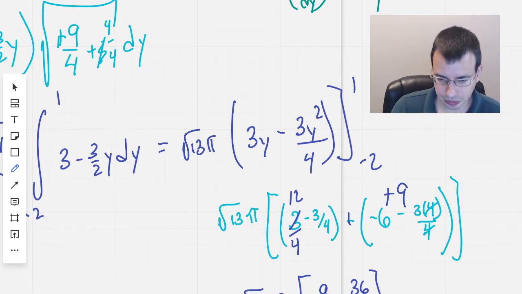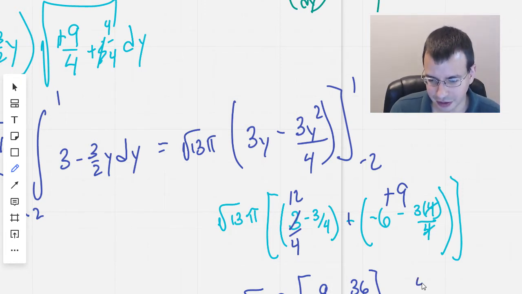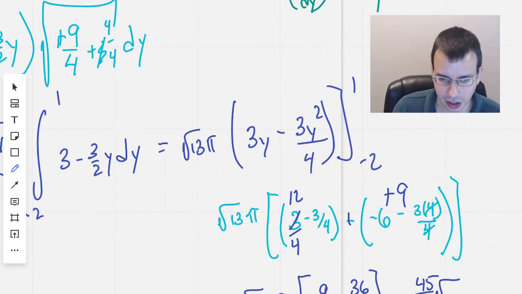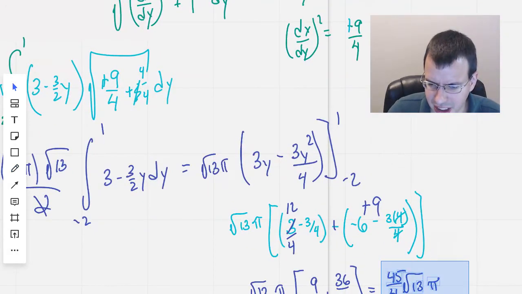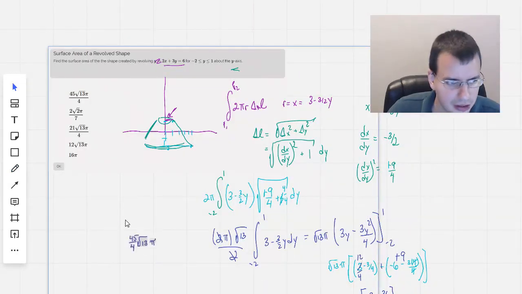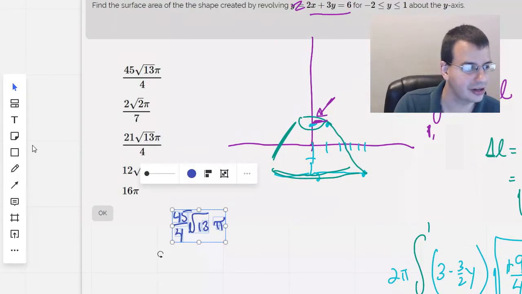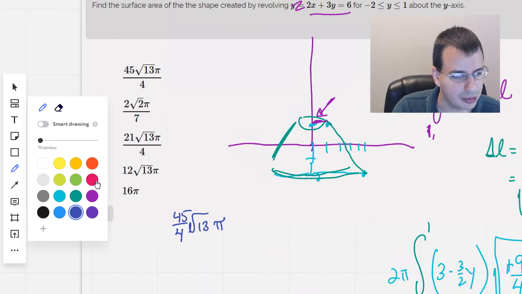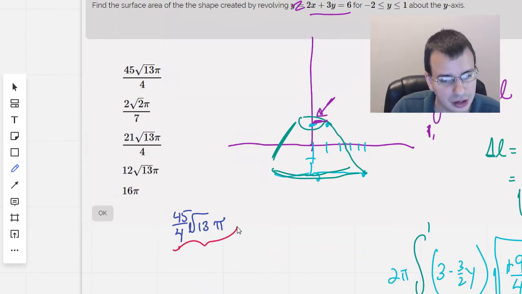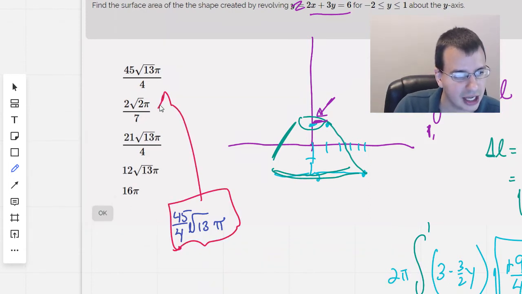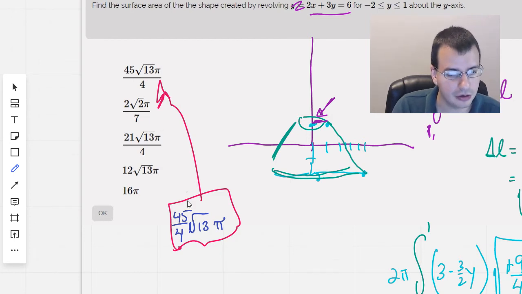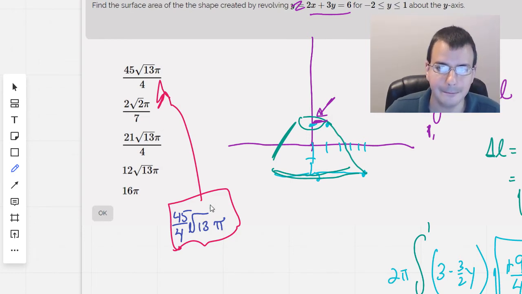Okay, so 9 plus 36 is 45 over 4 times square root of 13 pi. Let's see how that turns out. Ooh, that's even a possible answer. I was pretty confident I made a mistake somewhere along the line. So the answer for this one is 45 over 4 times square root of 13 pi.